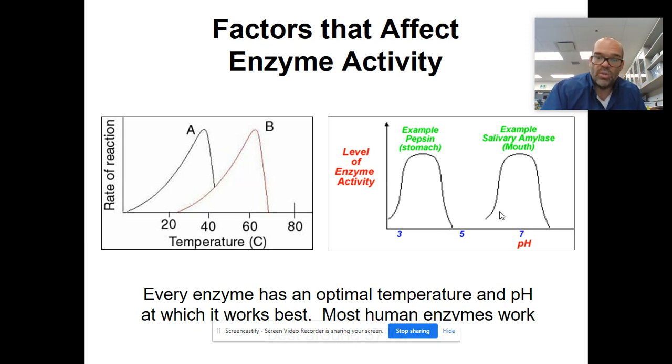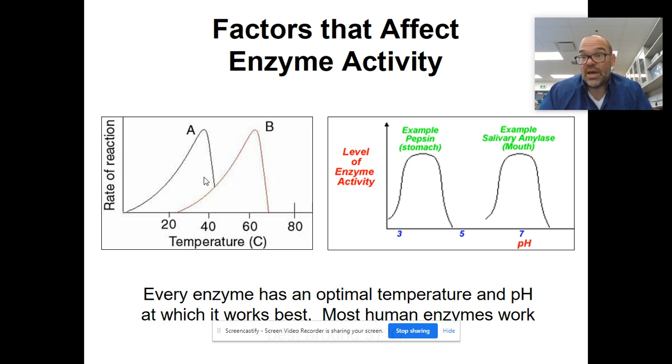They are optimal at a low pH, okay? Let's say there's fish that live in the Antarctic, or in the Arctic Ocean. Your enzymes would, well, you're not a fish. The enzymes in a fish that lives in the Arctic Ocean where the water is below zero would have an optimal temperature much lower than the enzymes that are in our body, right?